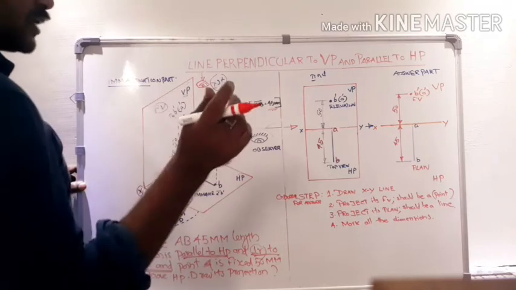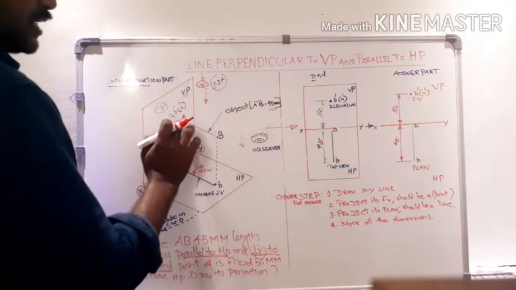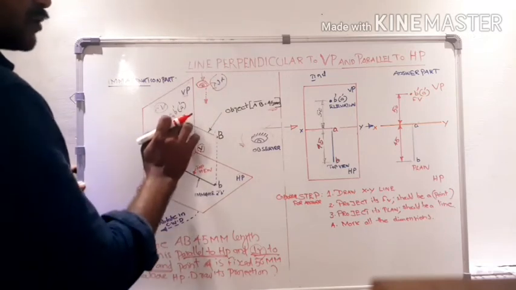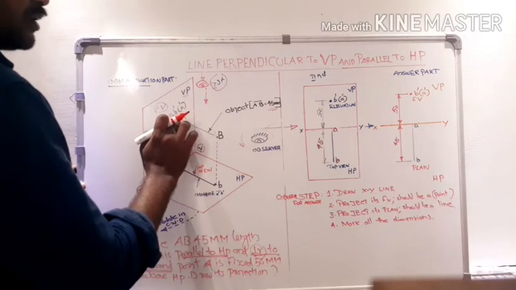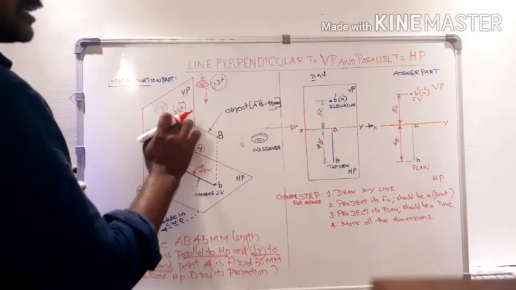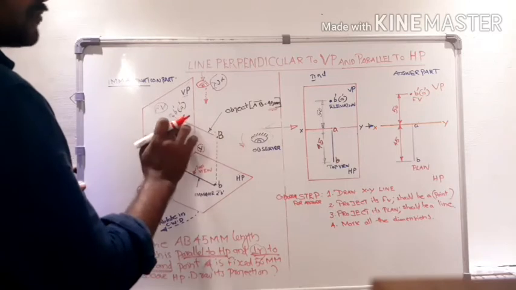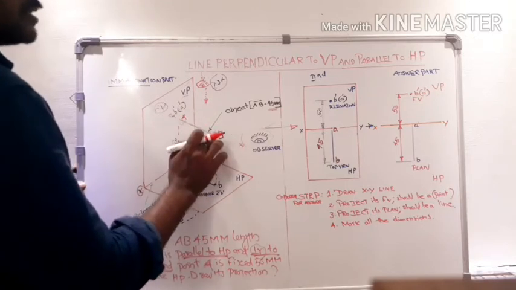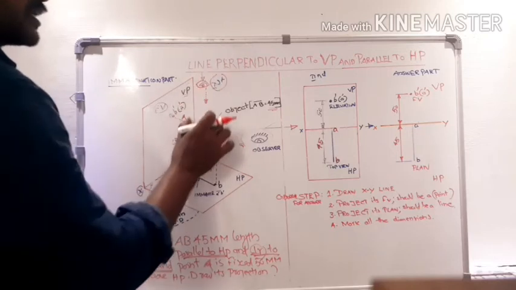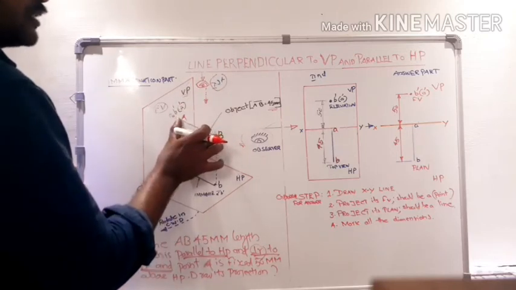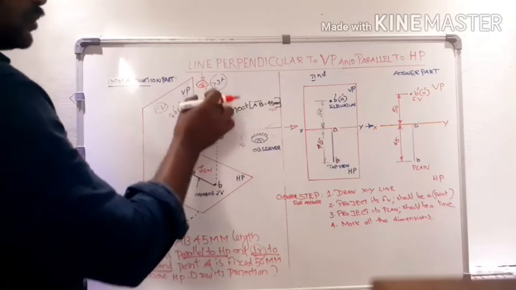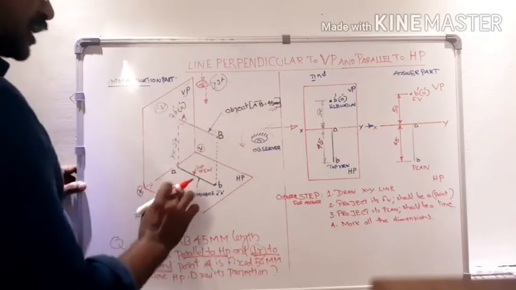We know that a line has a minimum of 2 points; one of the points is fixed near the VP and the other point B is fixed 45 mm apart from A. That means he can definitely understand that the length of line AB is 45 mm from this direction. Now we have to project its image on its corresponding plane.